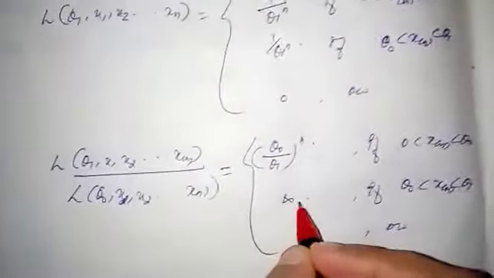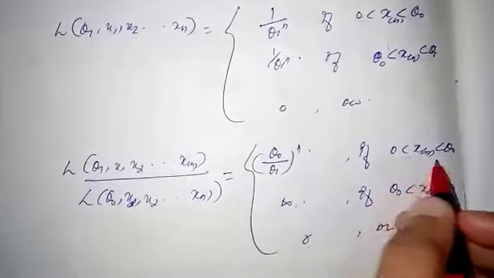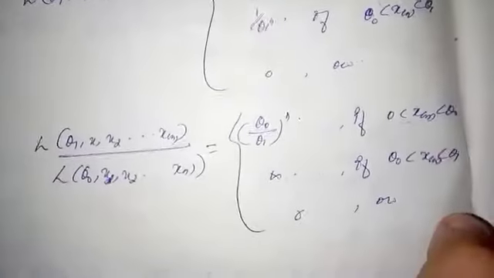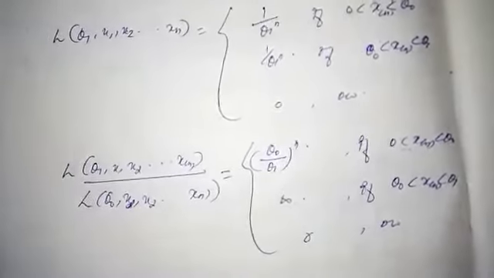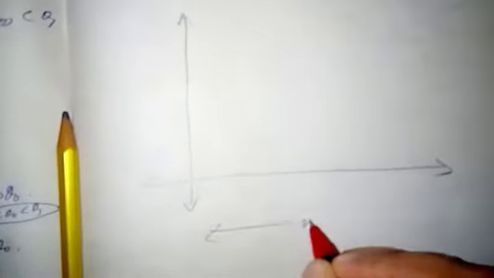But here we need to find what the maximum is in this range. For that we have to draw a graph. Here this is the range of xn, and the likelihood under H1 divided by the likelihood under H0.